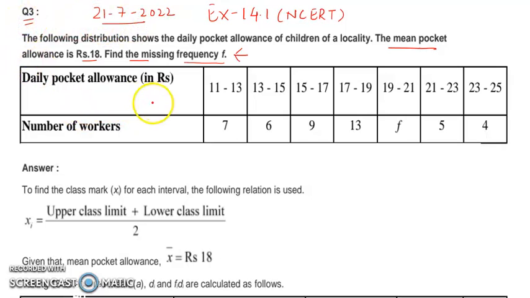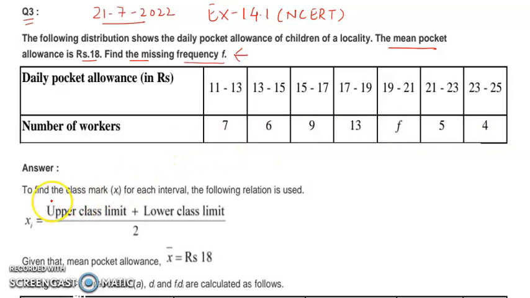This data is already given to us. Daily pocket allowance: 11 to 13, 13 to 15, 15 to 17, last is 23 to 25, and the number of workers are 7, 6, 9, 13, f5 and 4.